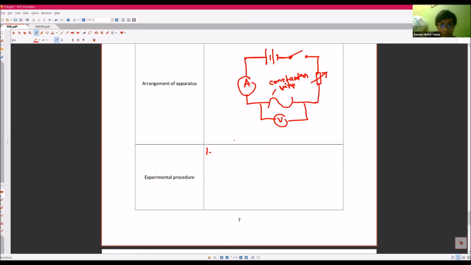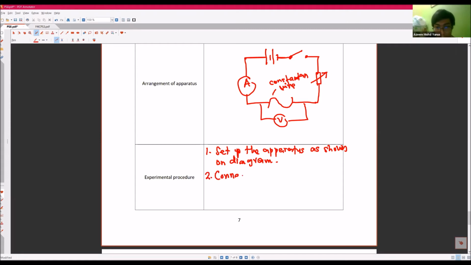First, for the experimental procedure, set up the apparatus or circuit as shown on diagram. Number two, we have to control the variable.